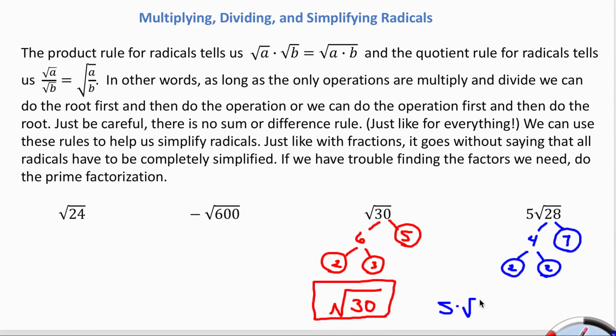But then I can change it times square root of 2 squared, right? And a square root of 7. Now this will cancel that radical sign. So really this is 5 times 2. And then the square root of 7 stays.